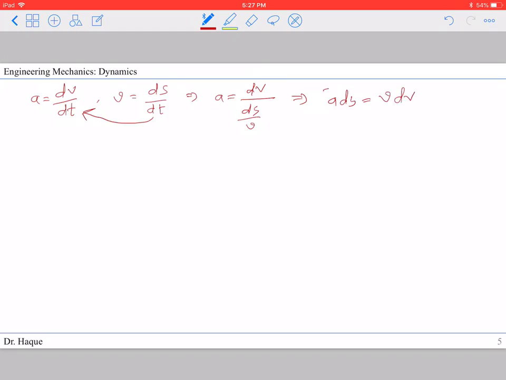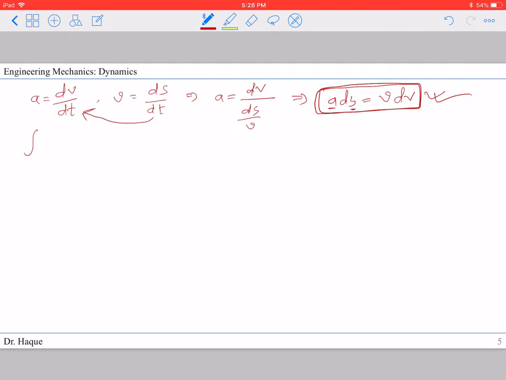This is the equation we also derived in our previous theory class, so you can always go back and check. Once we have this, we can connect our displacement s with a function of acceleration a, and we're ready to do our integration.